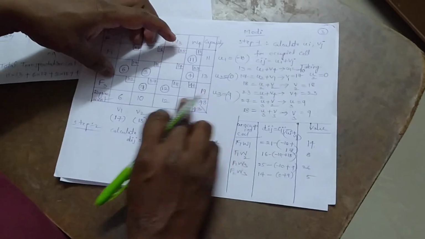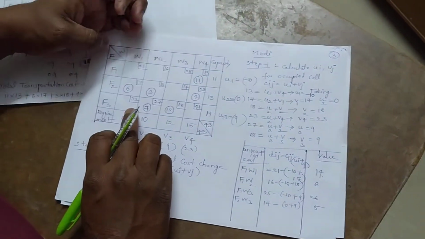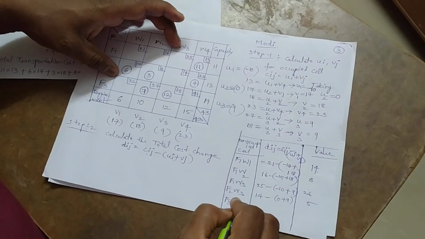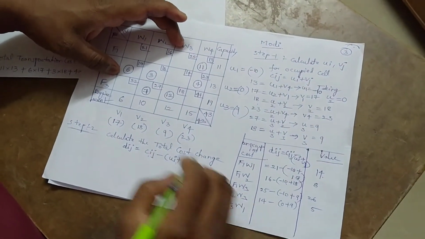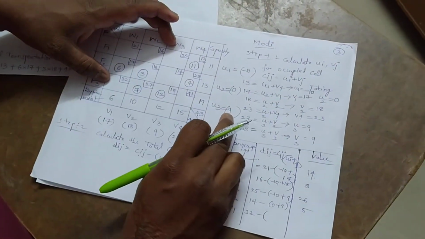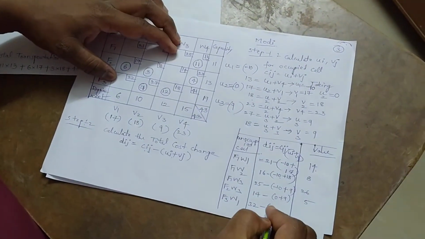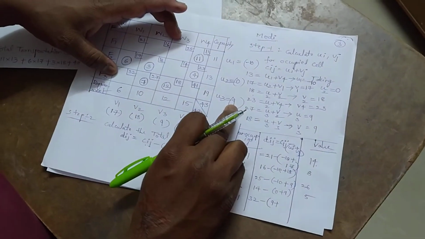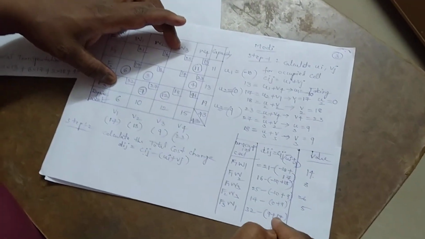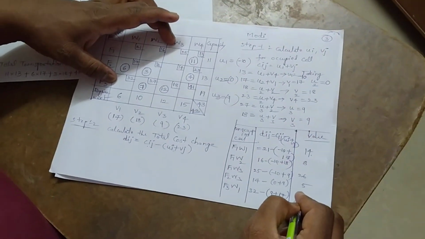Similarly, next we take the unoccupied cell F3 W1. For this particular cell, the cost is 32 minus of 9 plus 17. 9 is the U3 and 17 is the V1. 9 plus 17 is 26. That's 32 minus 26, 6.